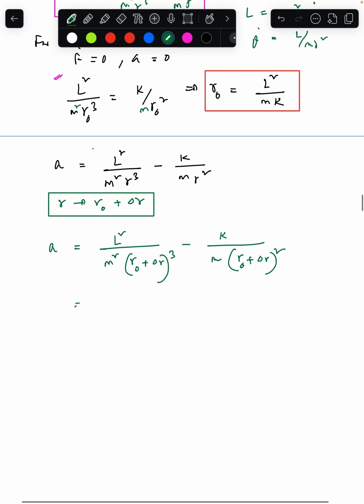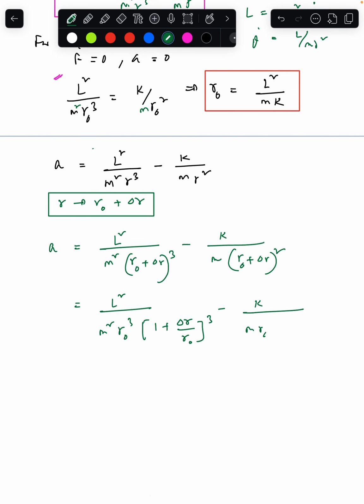So I'll just show you the process. Here L square by m square r naught cube you take common, (1 plus delta r by r naught) whole cube, minus k by m r naught square you take out, (1 plus delta r by r naught) whole square.